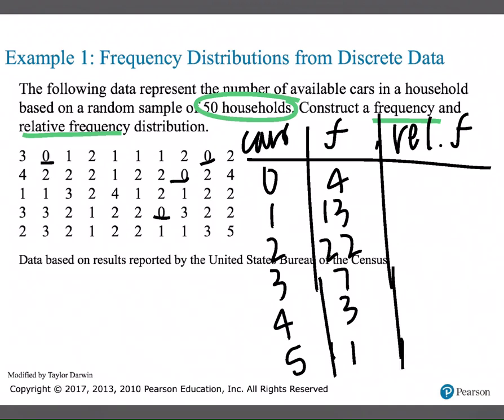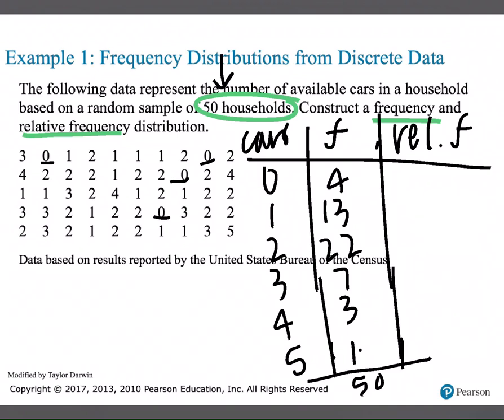And just to check, I know I should get 50, but go ahead and add up what you got, because let's say you add this all up and you get 49, you know you missed a value, and you need to go back and figure out where you missed it, because it'll mess up the rest of your data if you do. And then to get relative frequency, I'm going to divide each of them by 50.